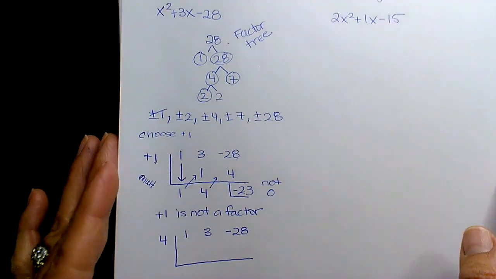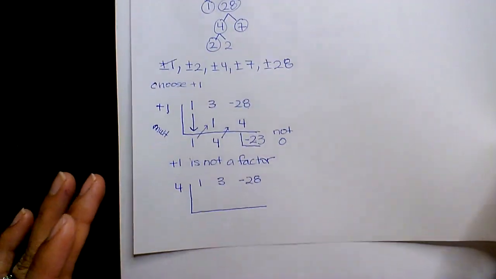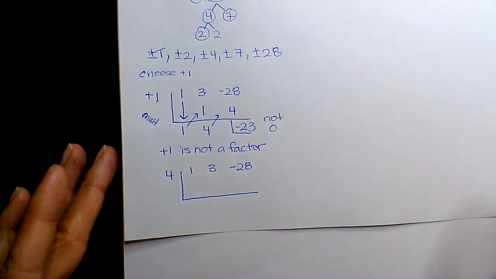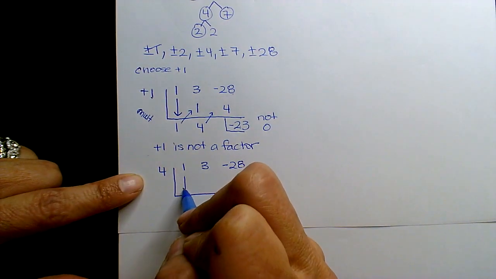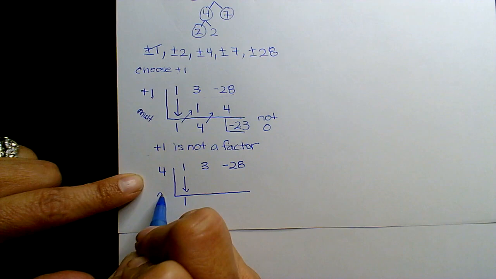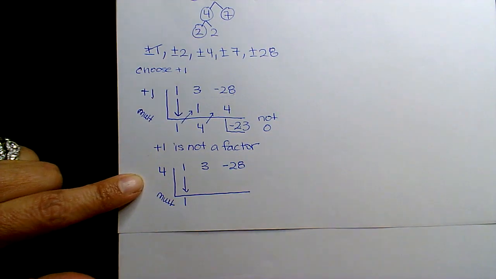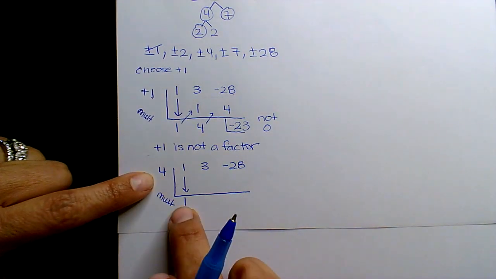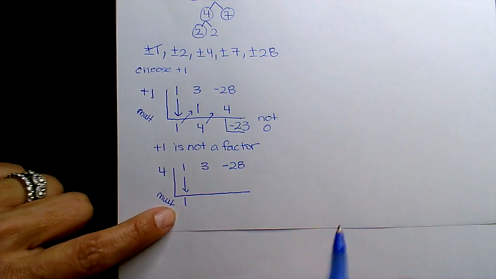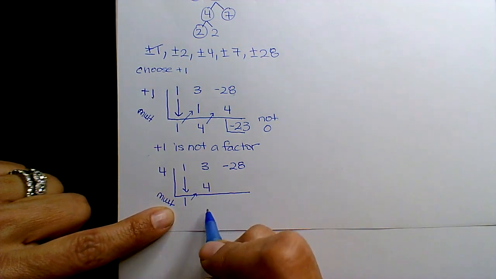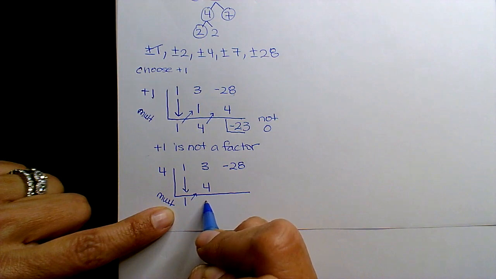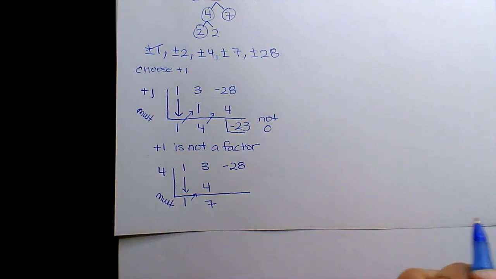I have to turn the monitor towards me because I can't see what I'm writing. So I bring the leading coefficient down. I multiply my divisor times that 1, so 4 times 1 is 4. 3 plus 4, I am going to get it. We're going to get a good one.